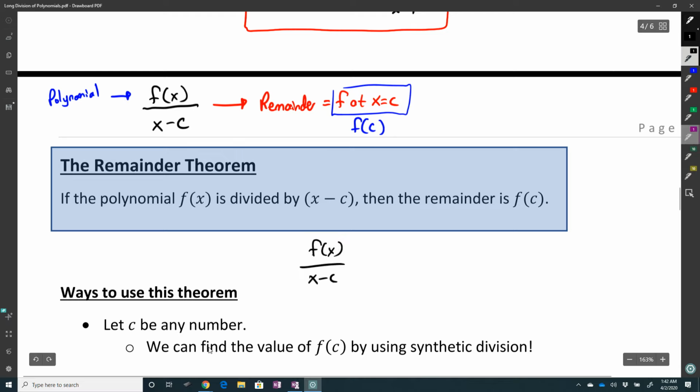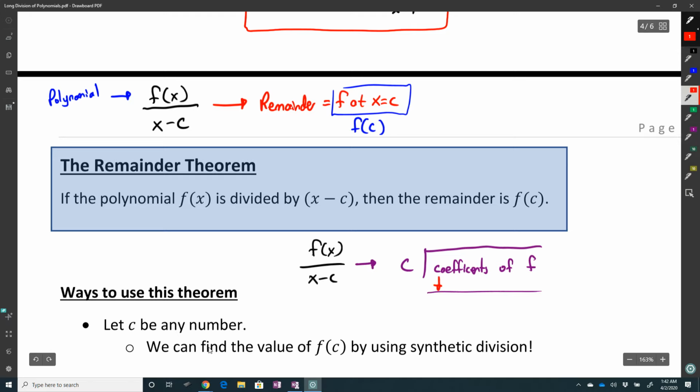What we just learned with synthetic division, I can get this and create my synthetic division. I could work it all out, I could get answers, and then my very last answer would be the remainder. It turns out that remainder is just the function at c. So that's what this theorem is saying.